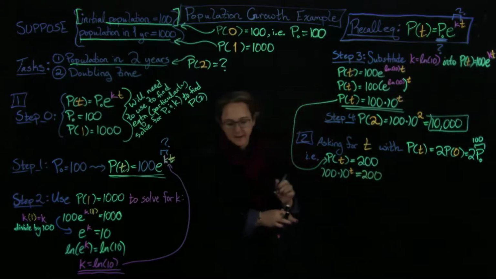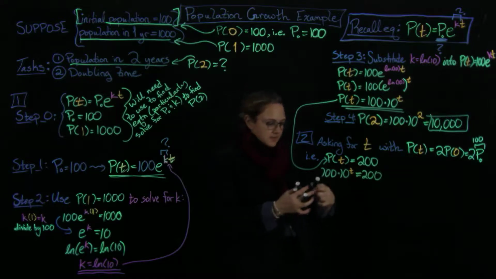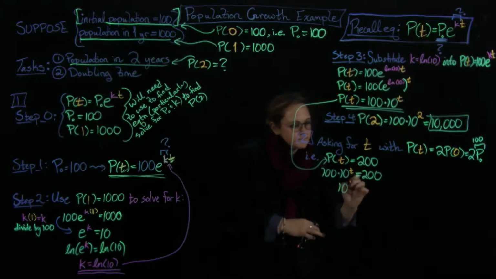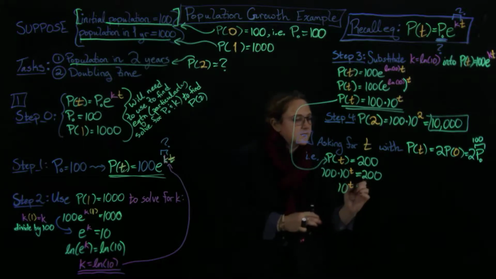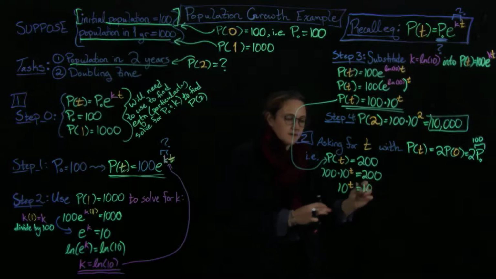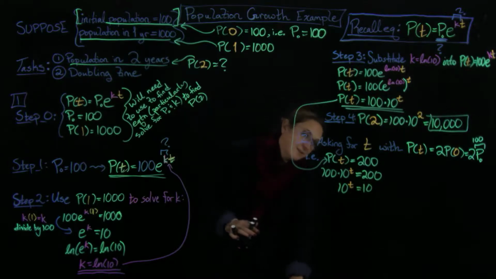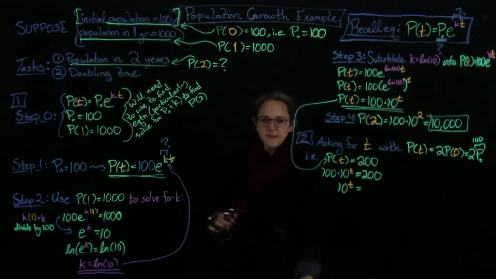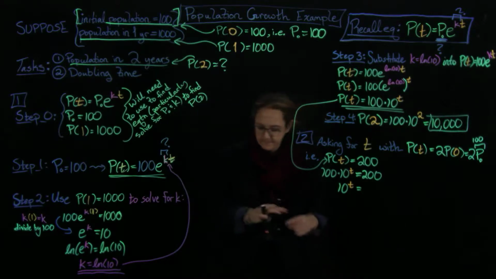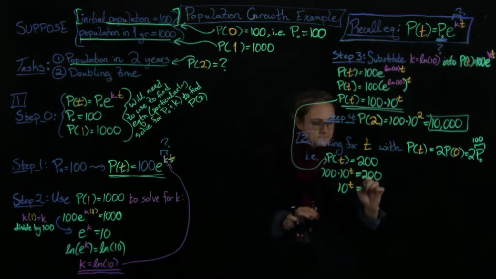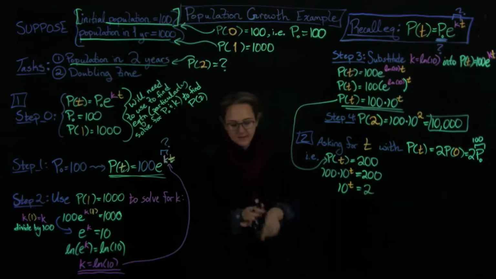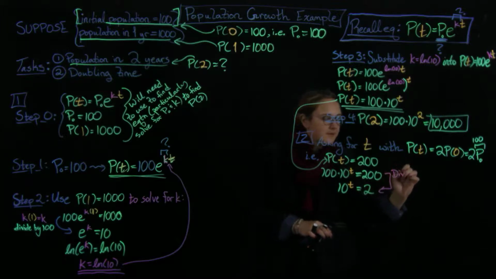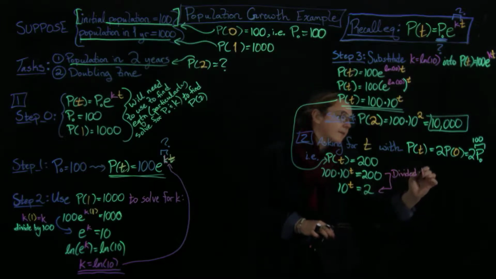Now I can divide both sides by 100, so I get 10 to the t equals, sorry, it doesn't equal 100, divided by 100, so P of t is instead going to equal 2. So what I did here was divided both sides by 10, or sorry, by 100.